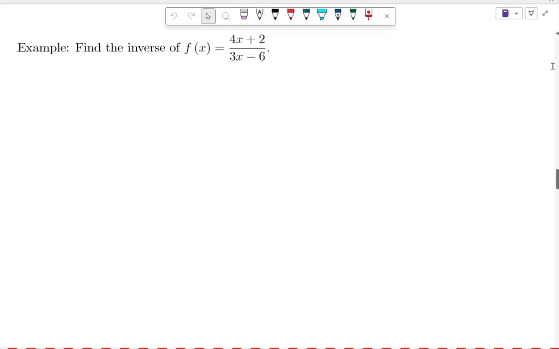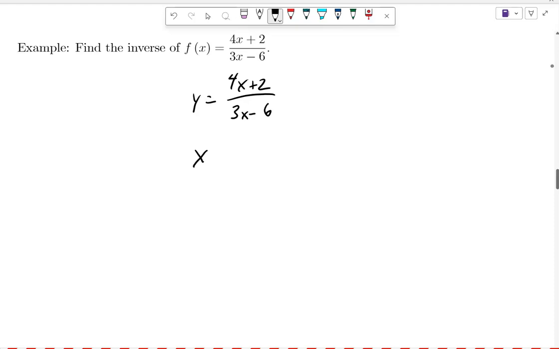All right, so let's see. We know now that it did pass the horizontal line test. It is one-to-one, so we can find its inverse function. What's our first step? Yeah, x's to y's and vice versa, right? So again, we equate our f of x with y, and then we flip around everything: every y becomes an x, and every x becomes a y.